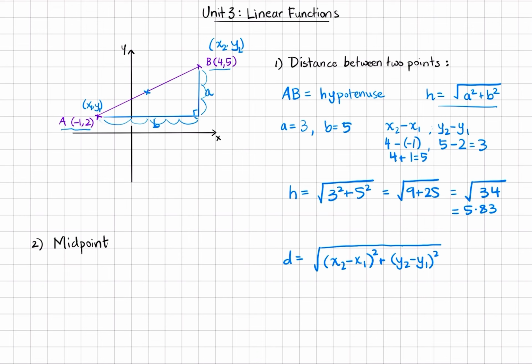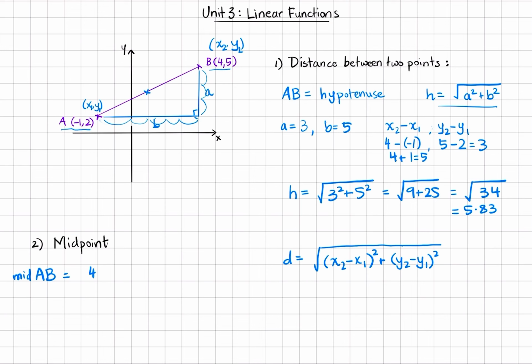Well, all we do is add. Again, I'm using the same coordinates here, A and B. Okay, x1, y1, x2, y2. So to get the midpoint of AB, I'm going to add the coordinates this time. Okay, so I'll add the x's together.